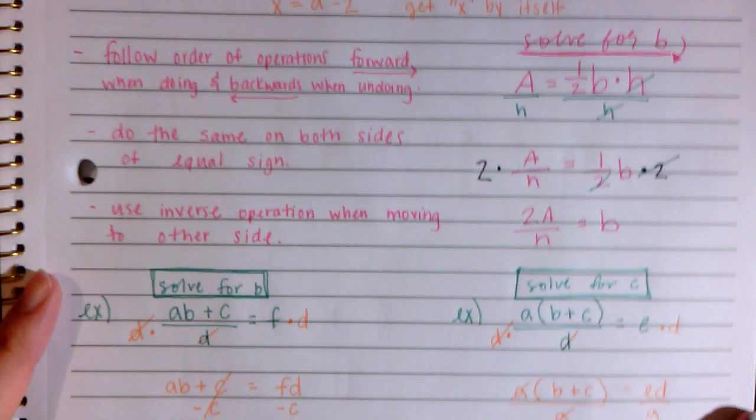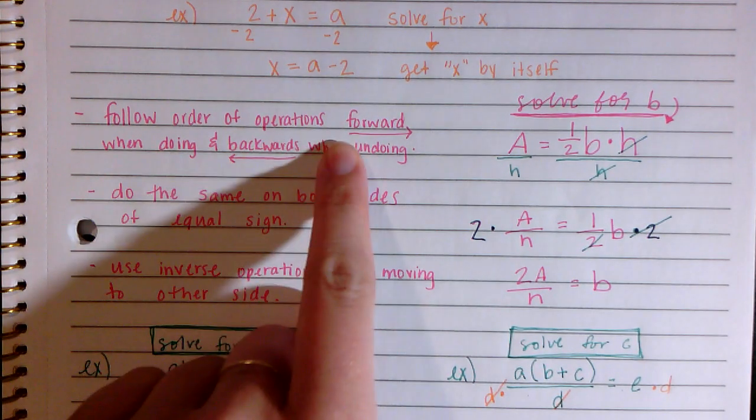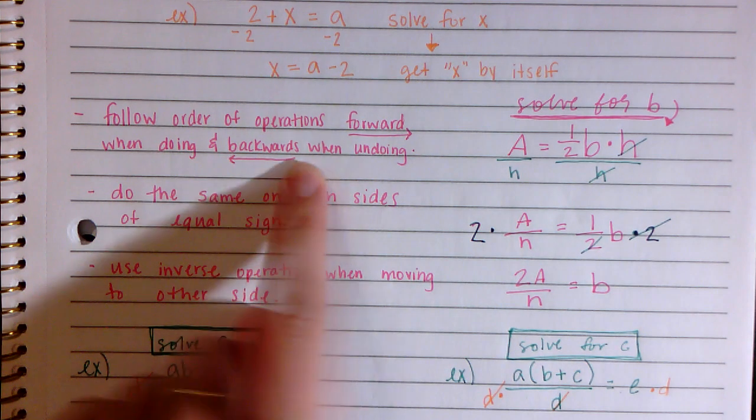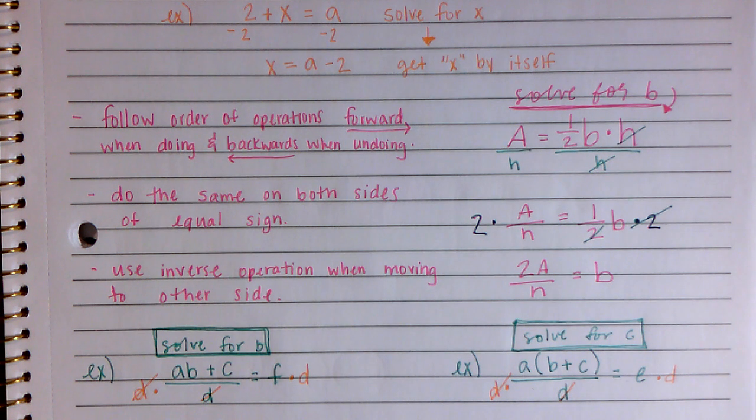And then I wrote some steps down here for you. Follow the order of operations forward when you're doing a problem and backwards when you're undoing it. So as you know, if there are any denominators, we have to get rid of those first because we can't get to anything in our numerators before that's gone. But anytime you're down to a more simple form of your equation, we always add or subtract those constants, and then we multiply or divide away those coefficients.